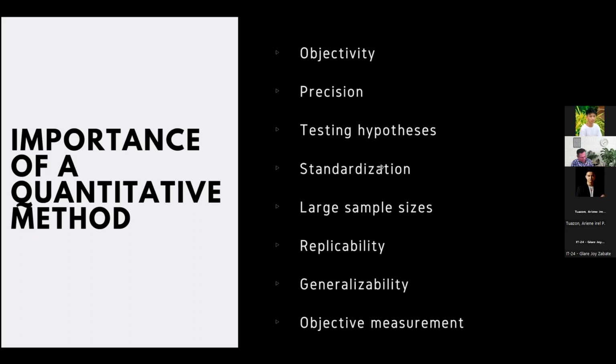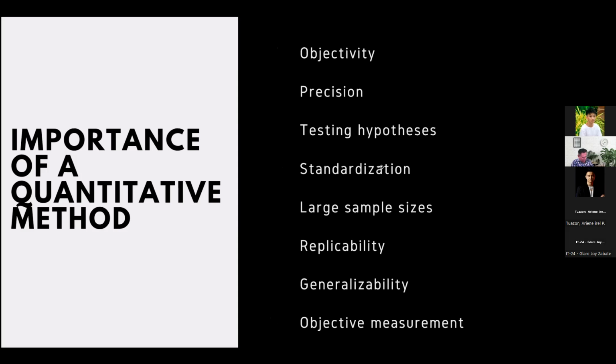Next is generalizability. Quantitative research methods allow researchers to make generalizations about a larger population based on a sample. This makes it possible to apply the findings to other populations and contexts, making the study more widely applicable.